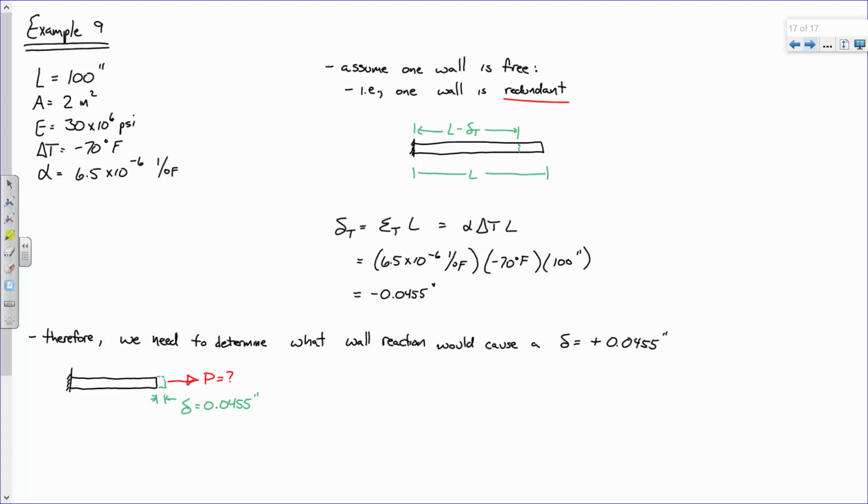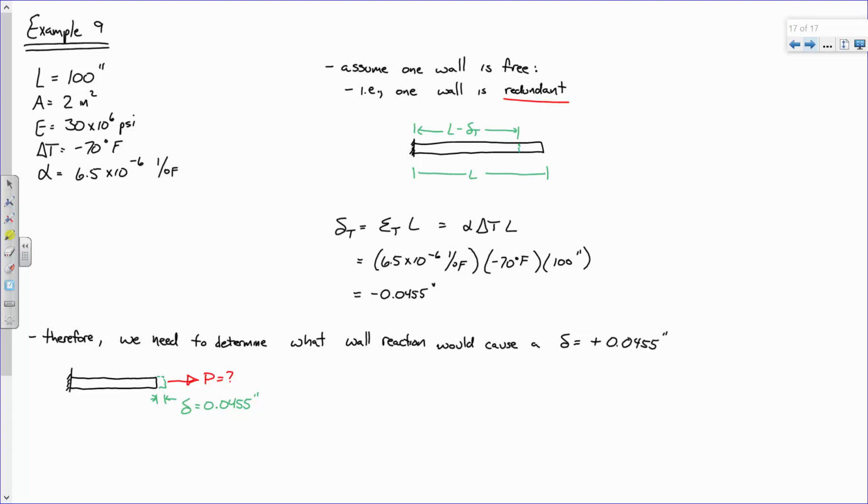Because the idea is this: what happens if I superimpose those together? What happens if I take a bar and I cool it to where it gets shorter by this amount, and then I take that cooled bar and I yank it that amount? It goes back to 0, right? So whatever that force is, that's how much the wall is yanking on it. Sound good?